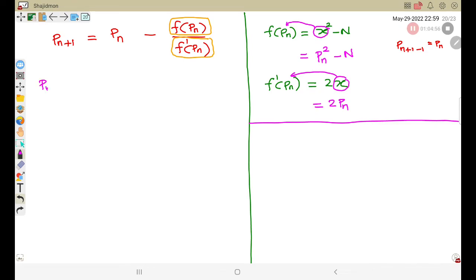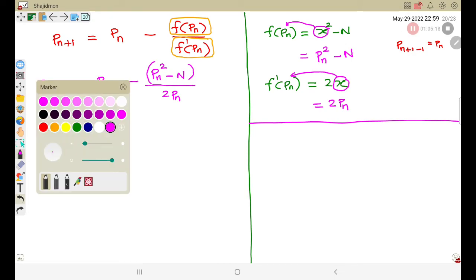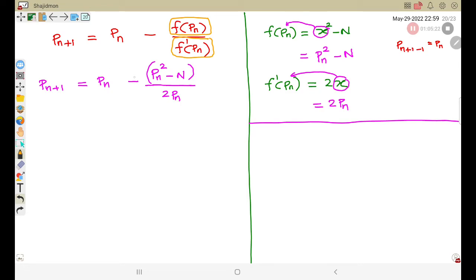Now apply here. So Pn plus 1 equals Pn minus f of Pn, which is Pn power 2 minus n, divide by f dash Pn, which is 2 times Pn. This numerator should be in a bracket because the minus is common outside. So Pn square minus n. Now next step, what will we do? We need to distribute this minus sign into the bracket: minus of first term, minus of second term.